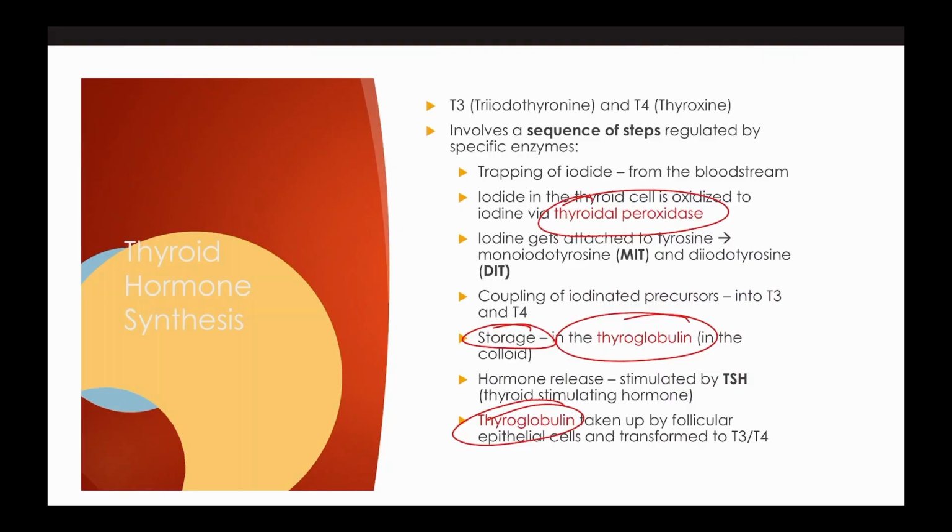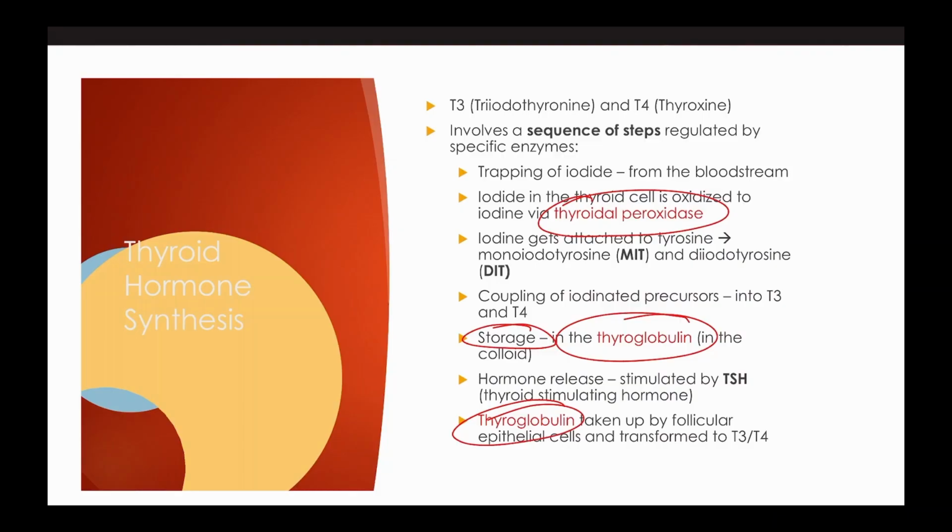If you have deficiencies in either of these things, what's going to happen to your thyroid hormone levels? They're going to decrease because you don't have the products to make it. So as we go through hypothyroidism, you're going to see people that have antibodies to either TPO, so they block the thyroid peroxidase enzyme from even working, so you can't make it, or they're going to block thyroglobulin, and now you can't store your thyroid hormone.